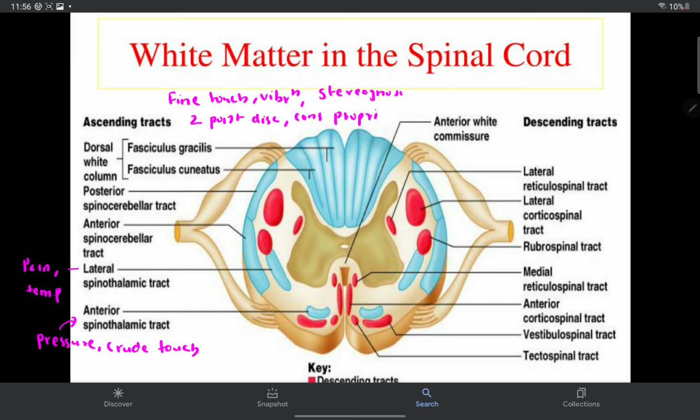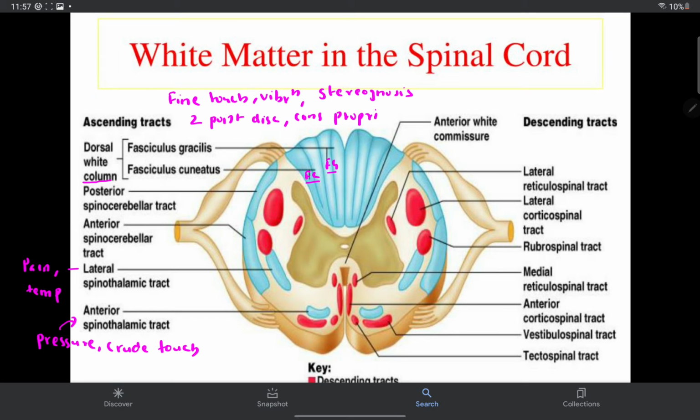So such advanced sensations are carried by the dorsal white column through the fasciculus gracilis as well as fasciculus cuneatus. So the sensation from the leg, that is the lower limb, is through the fasciculus gracilis, and the sensations of the upper limb, it is through the fasciculus cuneatus.